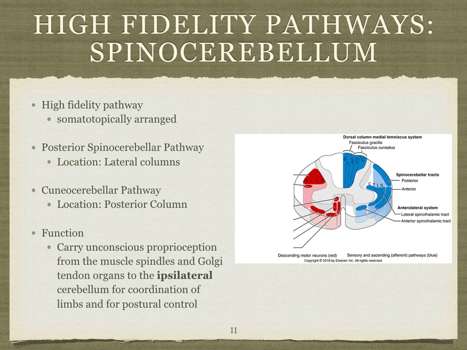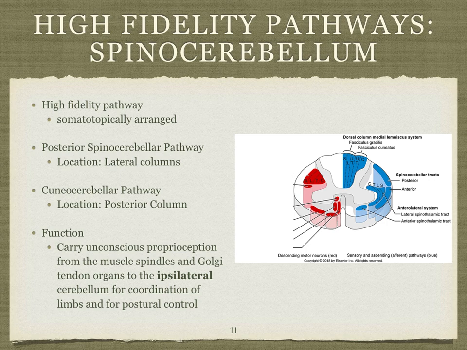So that high fidelity, again, is that somatotopically arranged information, that precise information of location, and being able to get that information very quickly and organized based on how it's being perceived with movement. Now, the main location for both of these tracts, the posterior spinocerebellar and the cuneocerebellar, is going to be in our columns, our white columns.